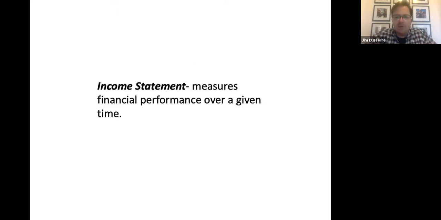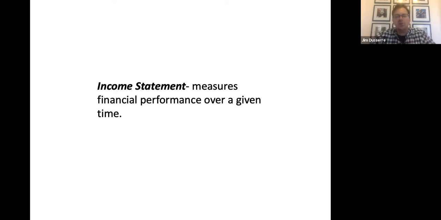Next is an income statement, which measures financial performance over a given time. You can do an income statement for yourself. It just breaks down all of your inflows and your outflows. Inflows meaning your deposits, outflows meaning all of your expenses or expenditures. Generally, businesses will do an income statement for a year, a quarter, like 3 months, or 2 quarters, 6 months.